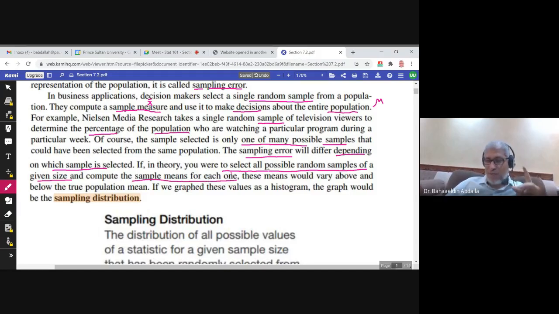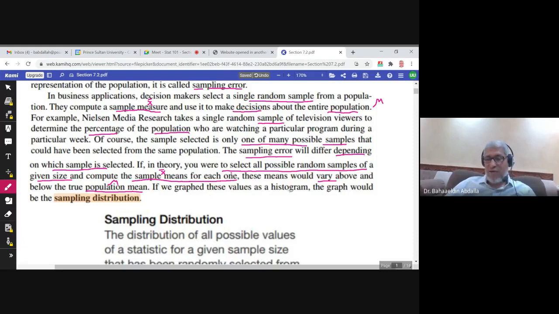So we choose all possible samples and we compute X bar for each sample. These means would vary, of course, above and below the true population mean. Some of them would be greater than mu, some of them would be less than mu, okay?